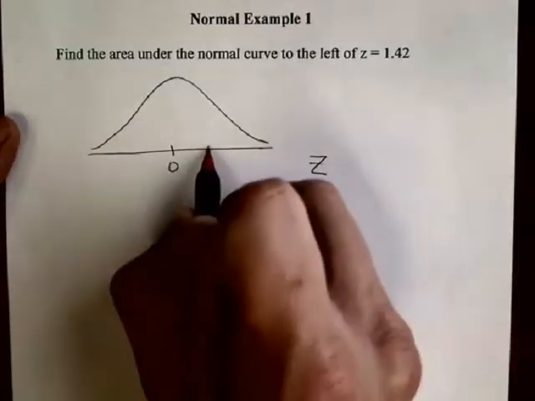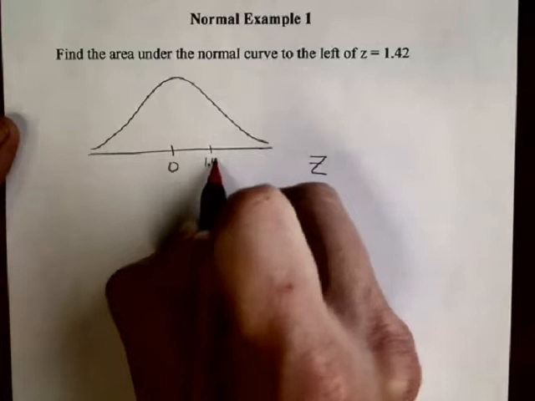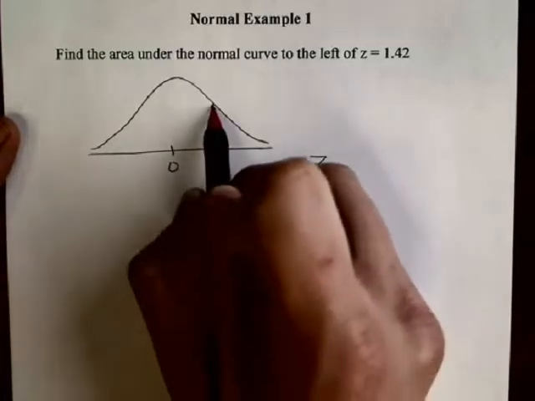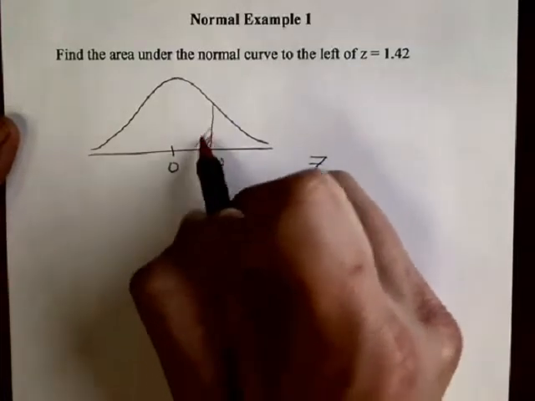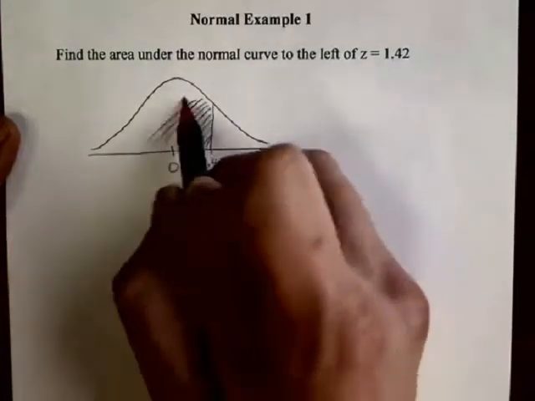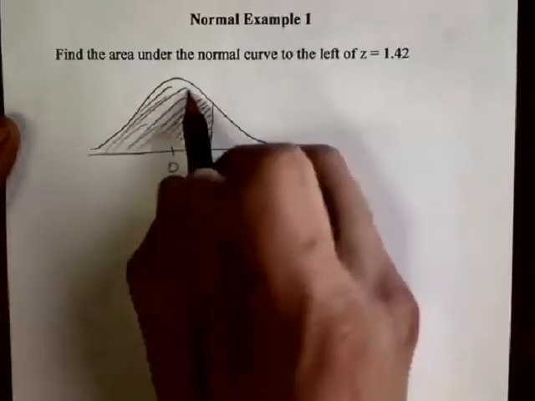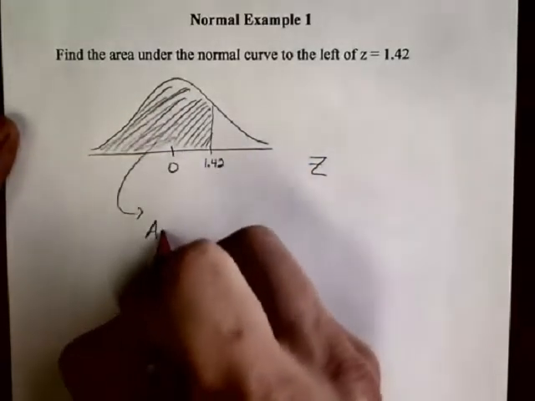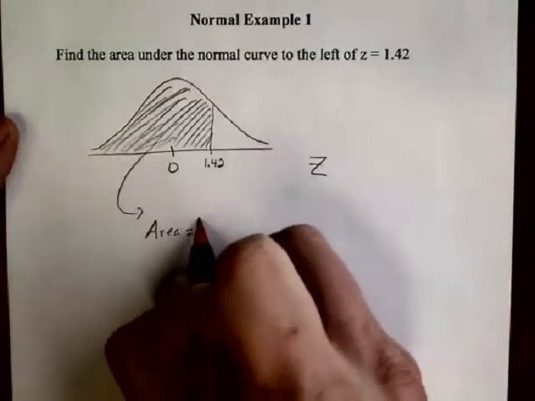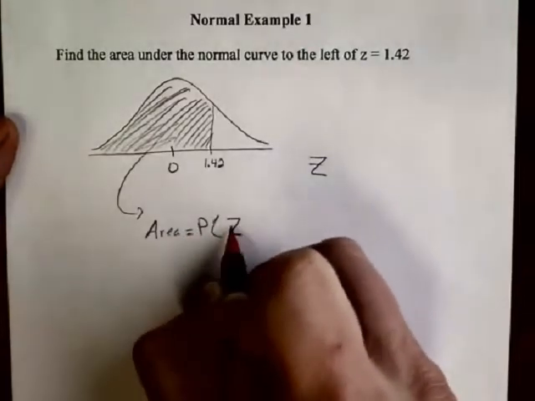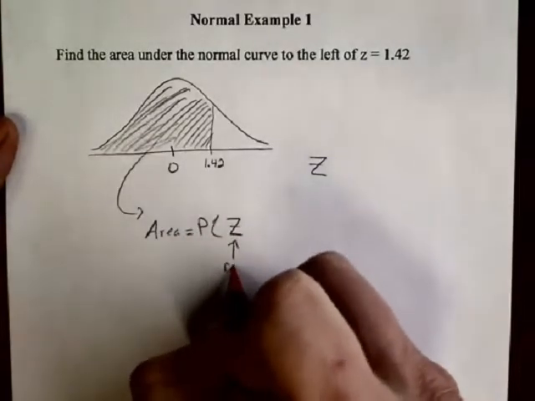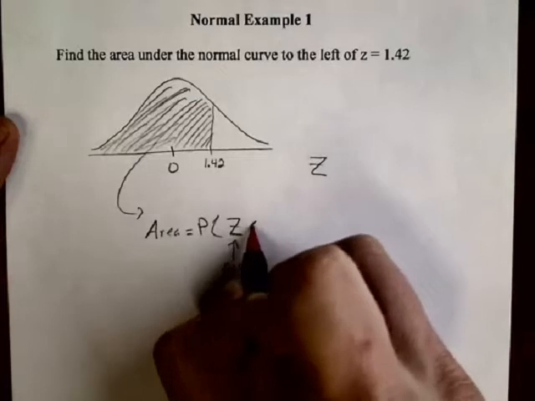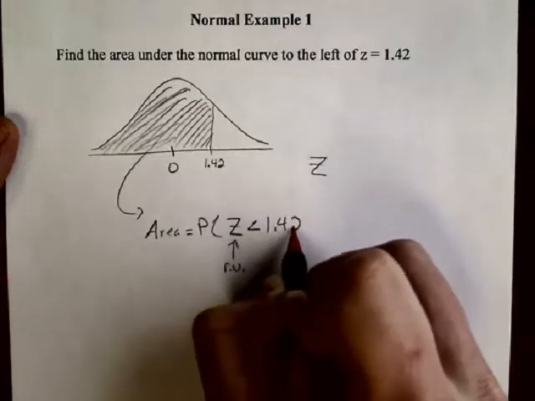And what I want to know is, okay, for this value 1.42, what is the area under the curve to the left of that value? And it turns out that this area here is, in fact, the probability that z, this is a random variable, is less than 1.42.